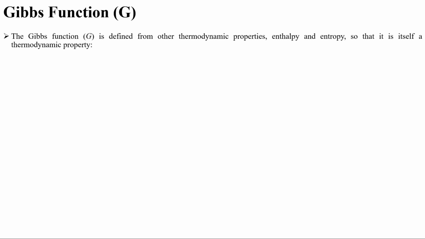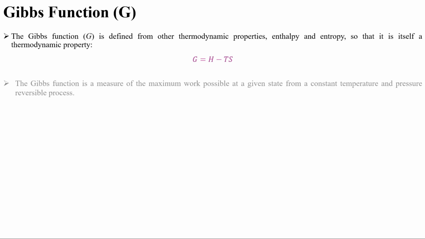That's why it is also a thermodynamic property, and it is given by H minus TS, where capital H is the enthalpy, T is the temperature, and S is the entropy. Gibbs function is a measure of maximum work possible at a given state from a constant temperature and pressure reversible process.